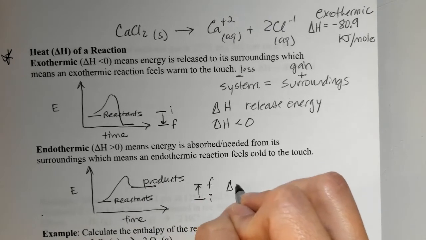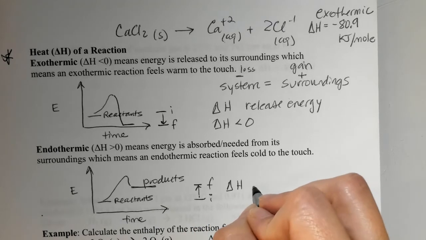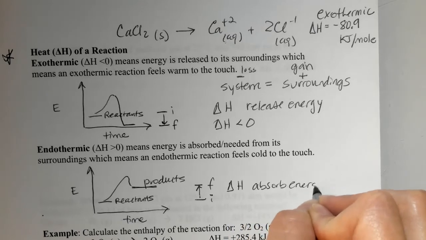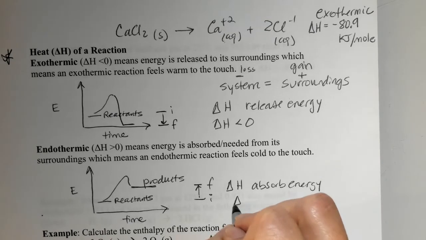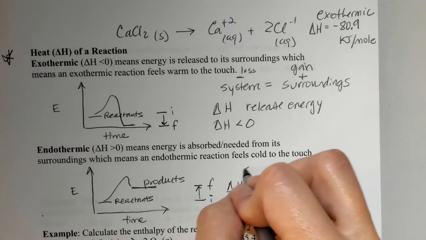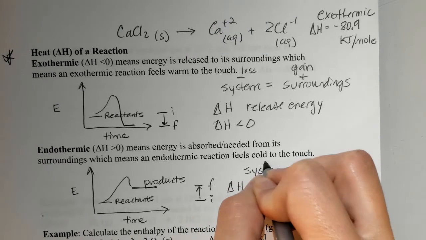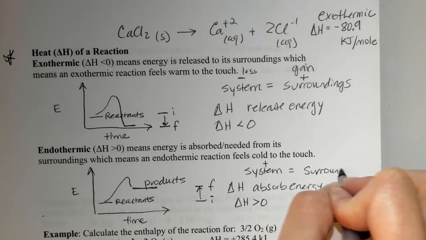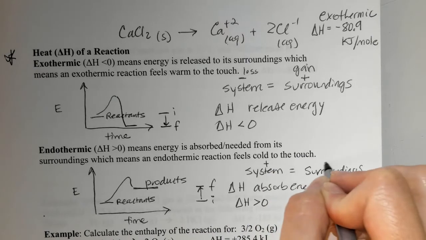So overall, our delta H is going to absorb energy from the surroundings, which means our delta H is going to be positive, greater than 0. We're going to have energy put into this in order for it to go.